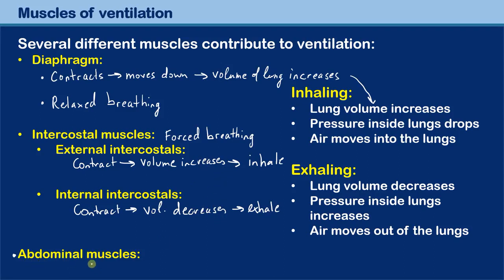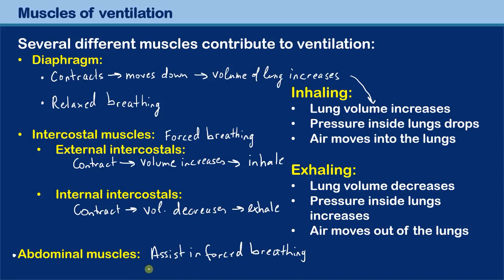The abdominal muscles are there only for assisted breathing. They help. So they assist in forced breathing. So when they contract, the internal organs are compressed and the lung volume decreases.